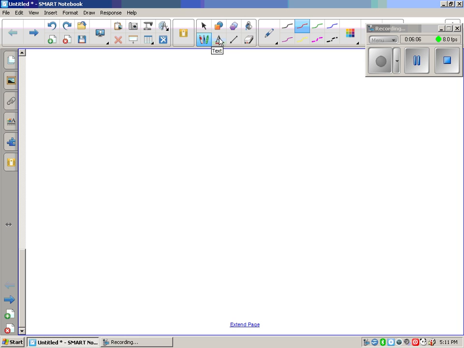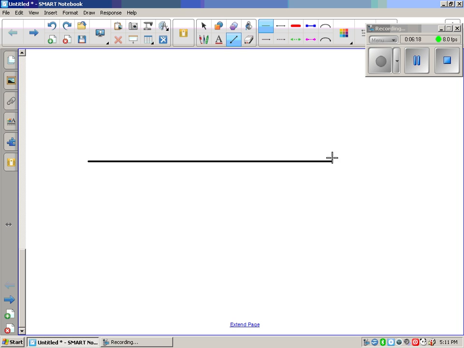I'm going to do one example problem that's a little bit more difficult to find all the angles in a little drawing. Draw a long line. There we go.